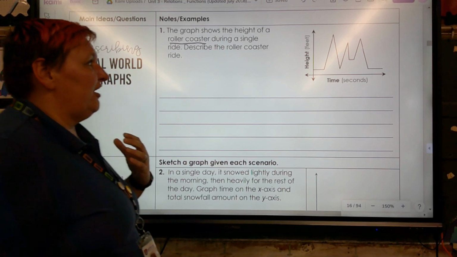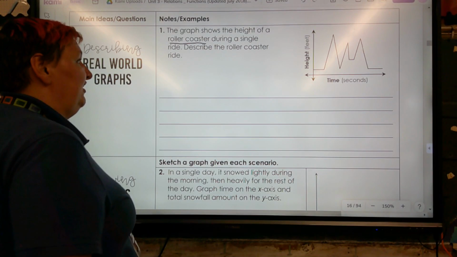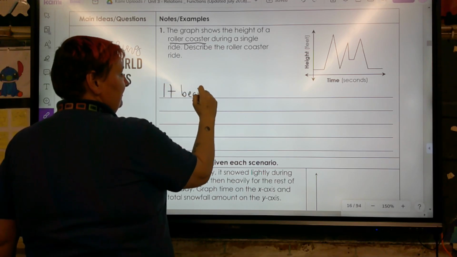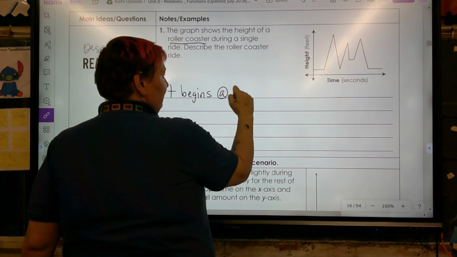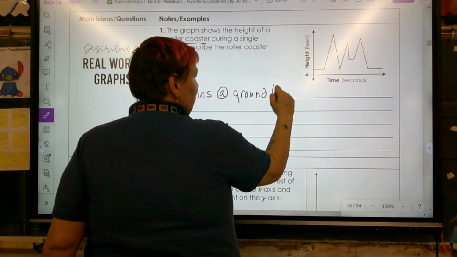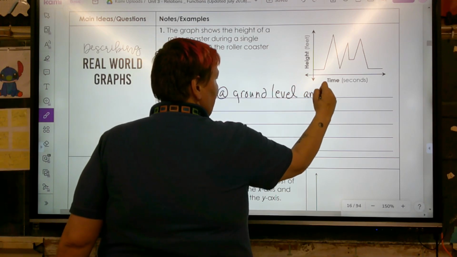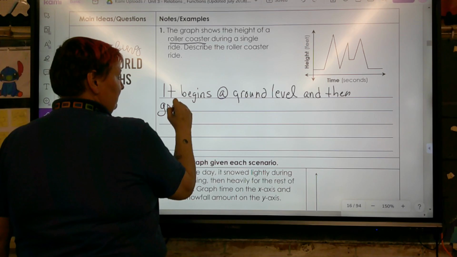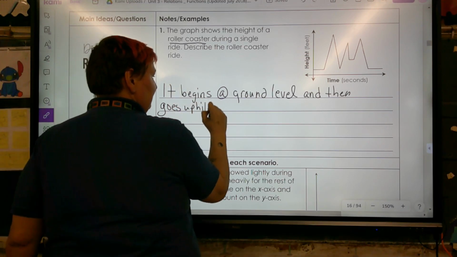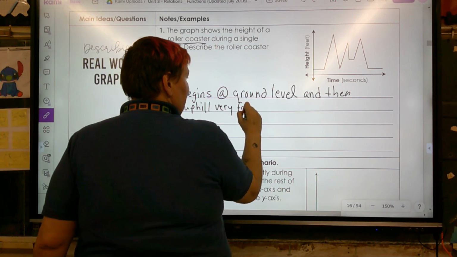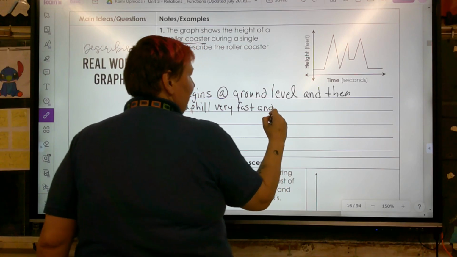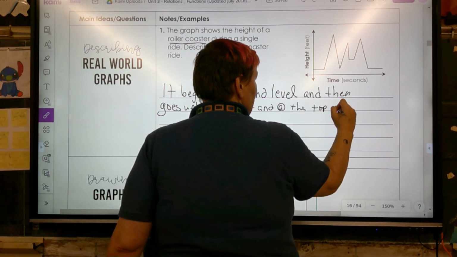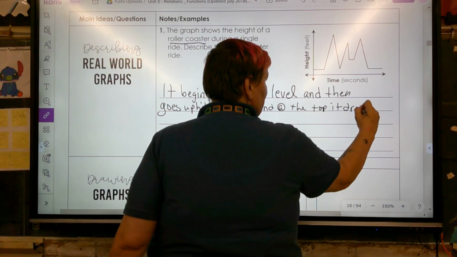If I was to try to explain what was happening in this graph, I would say it begins at ground level, and then goes uphill very fast, and then at the top it drops quickly.